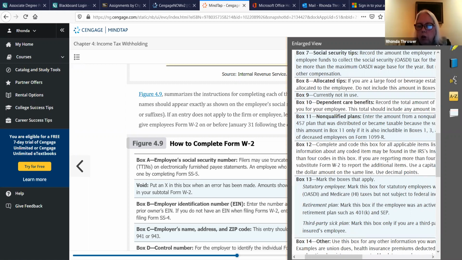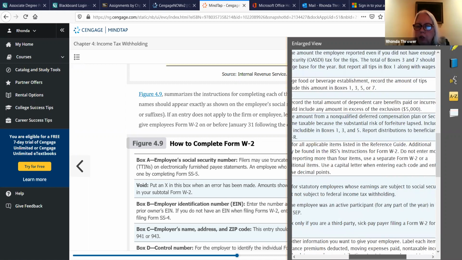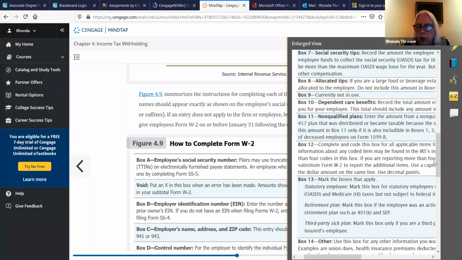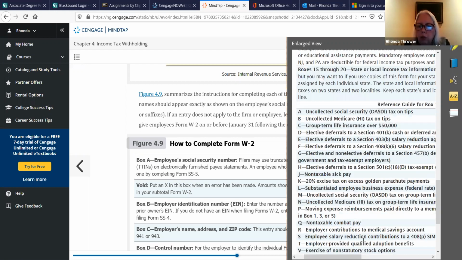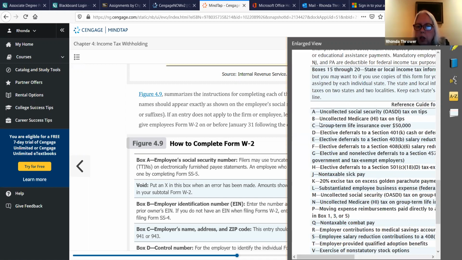We're looking for the code. And if you scroll on out there, it tells you how you should enter information for box number 12. Also, if you scroll down for reference guides for box number 12, they have some codes here for you. These are the codes right here.